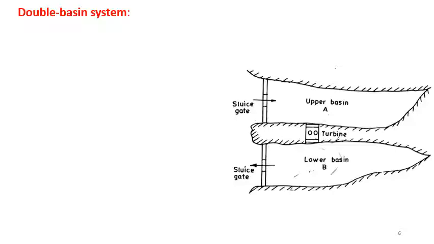Okay, so in this system the turbines are located in between these two basins, that you can see in that sketch, isn't it? So the turbine is located in between the two adjacent basins.